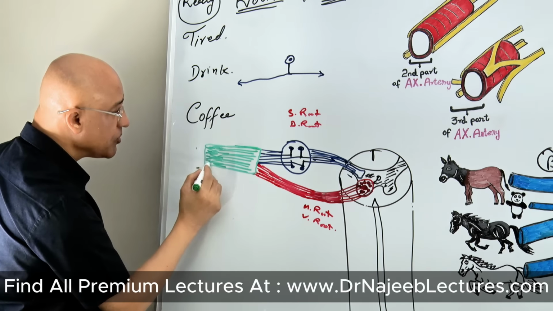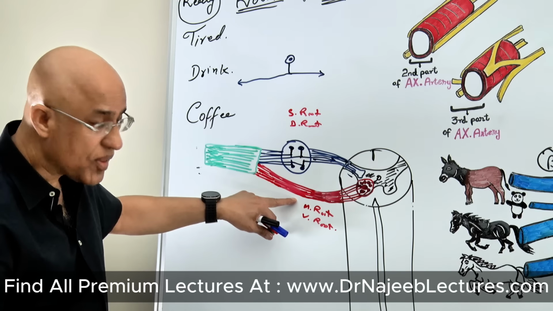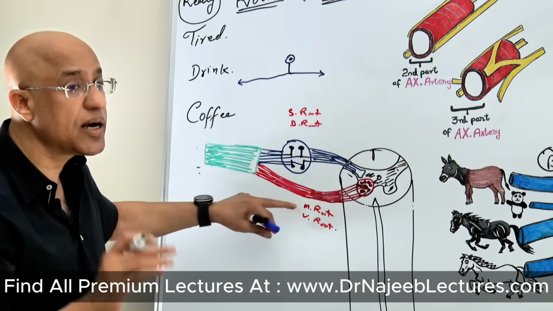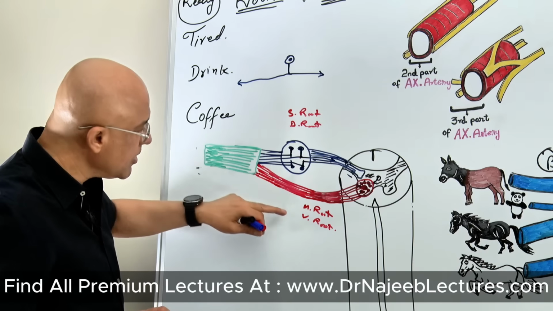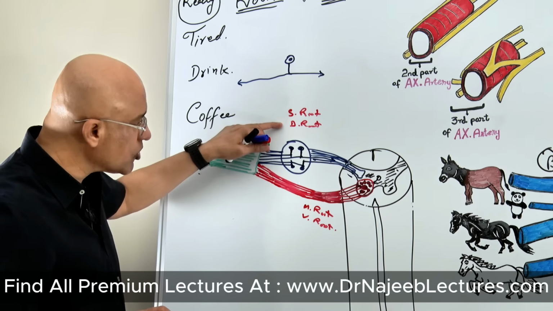So these are not brachial plexus roots, right? I'm going from very basic, from where the fibers come to the brachial plexus root. First of all, fibers are connected with the spinal cord, right? There is an anterior root of the spinal cord, which is the motor root, and posteriorly the sensory root. So anterior root and posterior root, or ventral root and dorsal root.